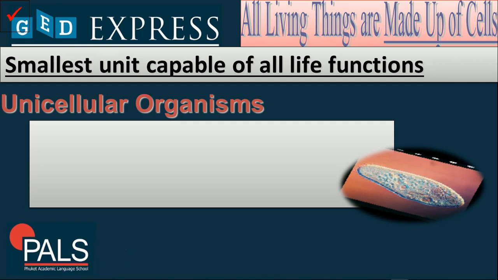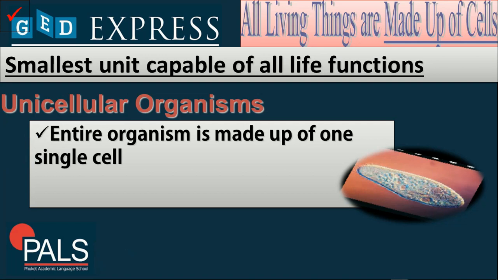But first, let's define unicellular organism. When we say unicellular, that means there is only one cell throughout their body. Primarily, the organisms which only have one cell in their structure are bacteria and protists.